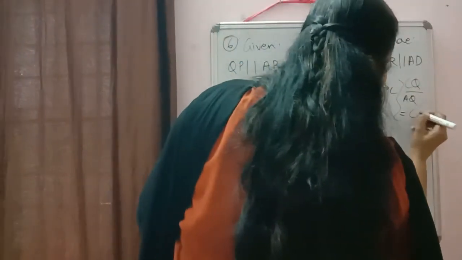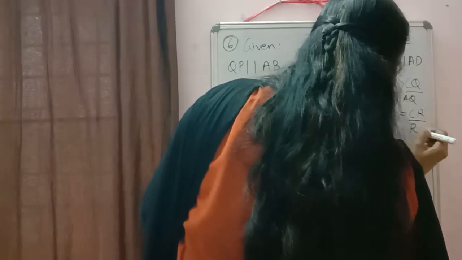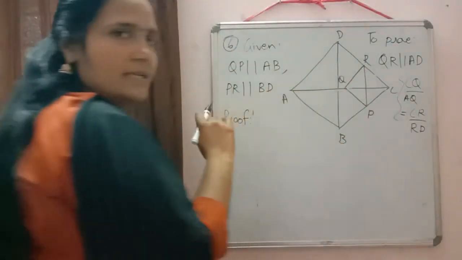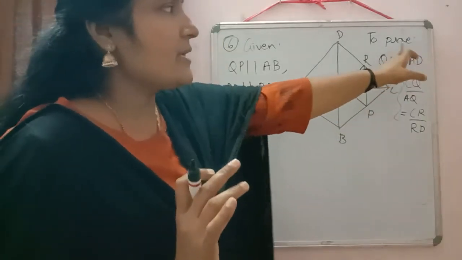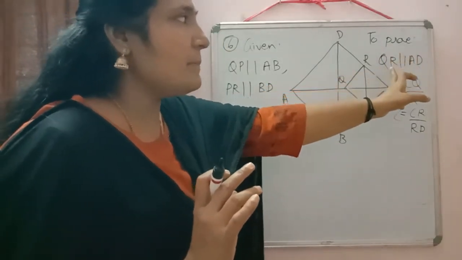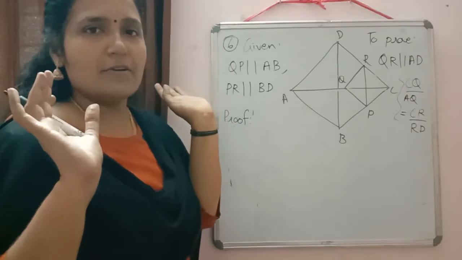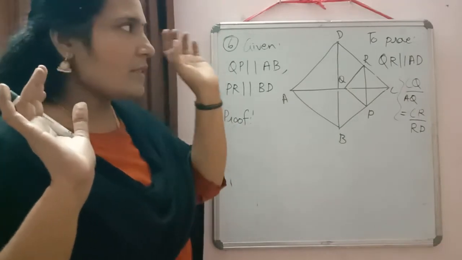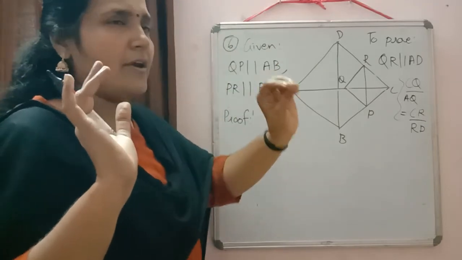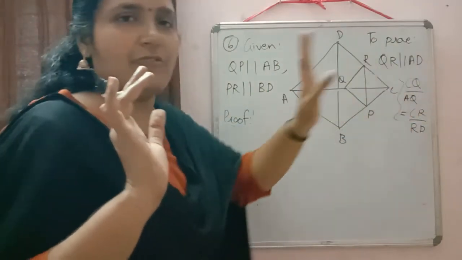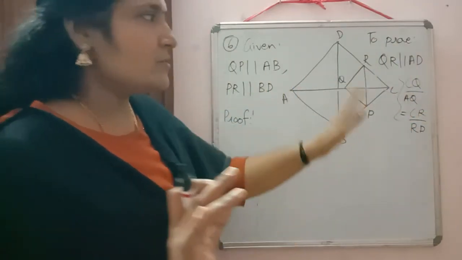So we will prove these two ratios are equal from the given conditions. Then we can directly say by converse of BPT, QR is parallel to AD. Okay, so whenever you have to prove something, just write down somewhere what we have to prove.